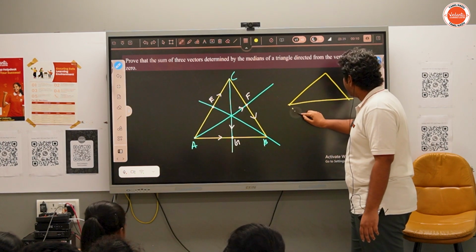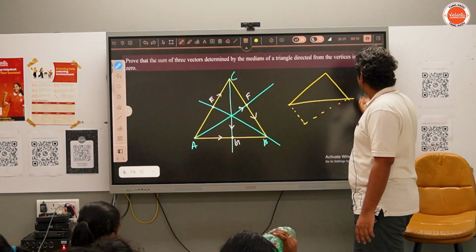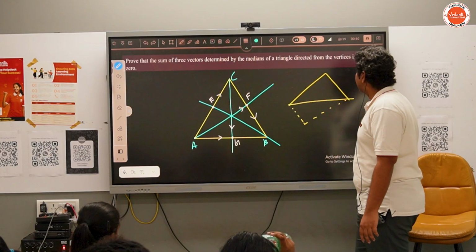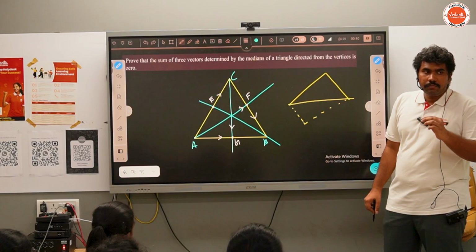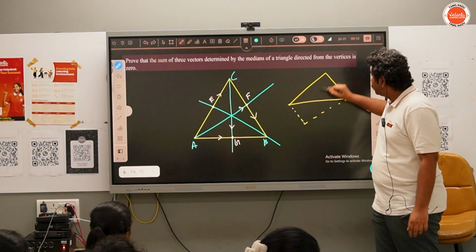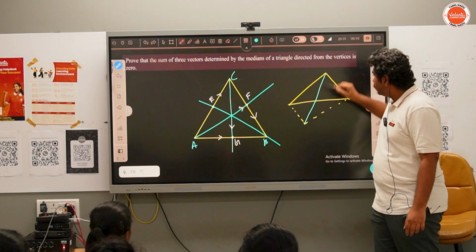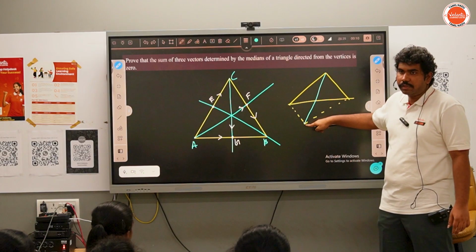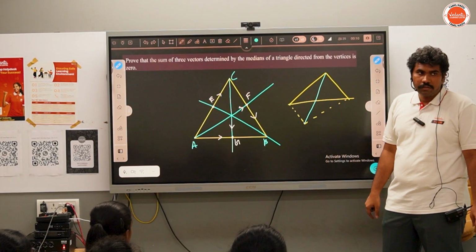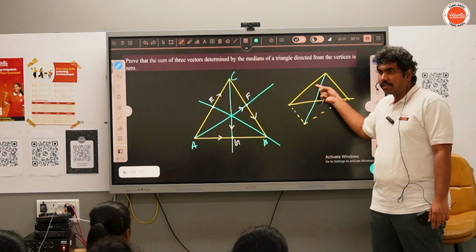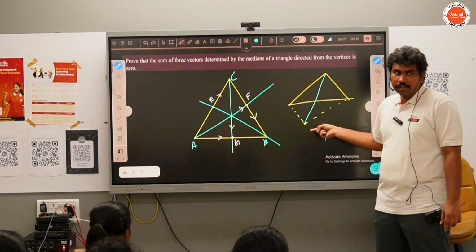If you want to make a parallelogram, the median is going to pass through the other vertex of the parallelogram. Correct? The median of this side is going to pass through the other vertex of the parallelogram.